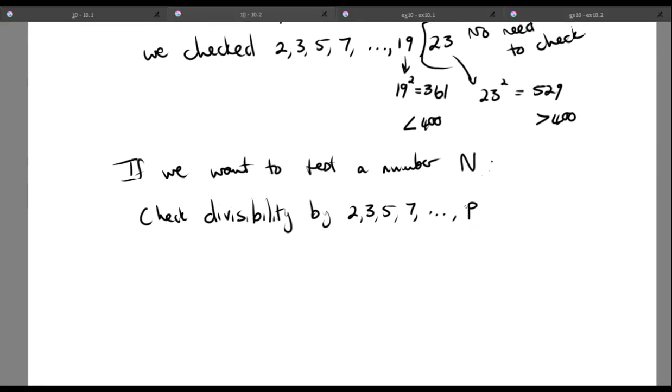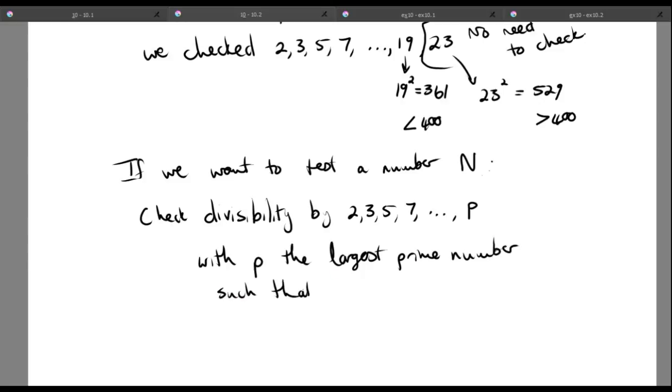How do I decide what p is? Well, how did I decide 19? The square of that prime number should be less than the number in question, 400 or any number n. So let's say here, with p the largest prime number such that p squared is still under, well, it could maybe equal it, my number n.